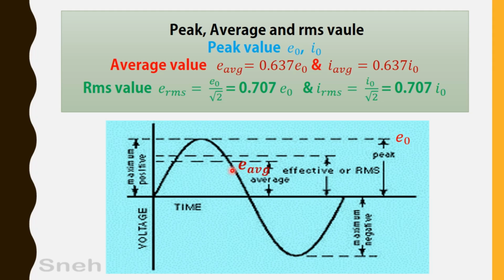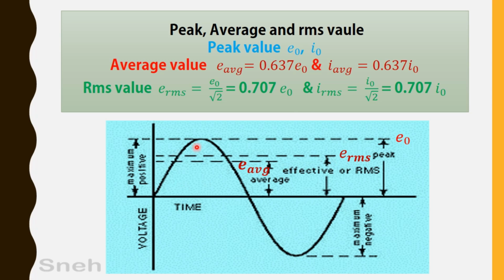Now here, as I told you, this is representing average value, which is 0.637 times E0. This is E0, E0 multiplied by 0.637. So that value is nothing but the average value. And then RMS value. RMS value is 0.707 times E0, and that RMS value we are getting here.